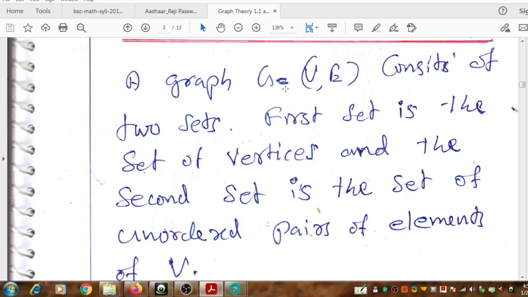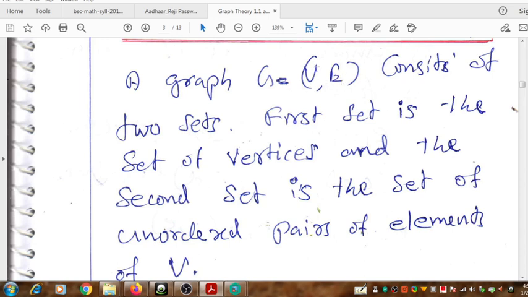A graph G equals (V, E). We are going to represent the graph using this notation, G equals (V, E), where V is the vertex set and E is the edge set. It consists of two sets.